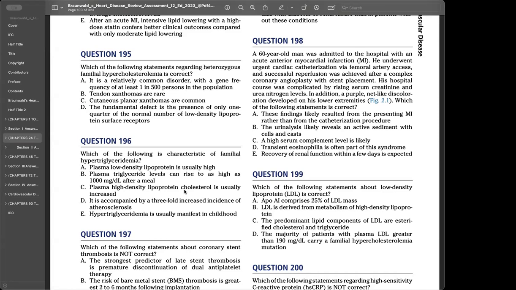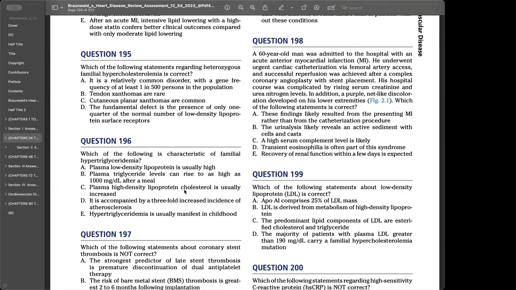They inherit one mutant gene and one normal gene such that they produce half the normal number of low-density lipoprotein surface receptors, while in the homozygous form, they inherit both mutant genes such that they don't produce any normal low-density lipoprotein surface receptors. So this option D is a false statement.